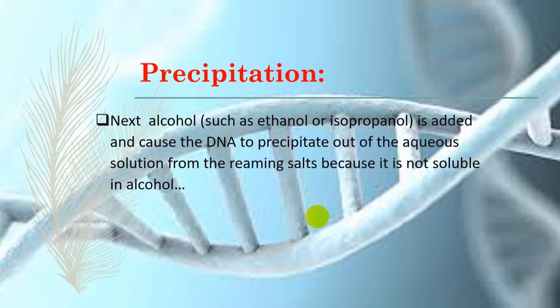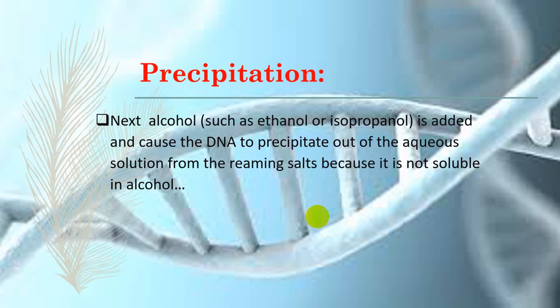In the next step, this precipitation, next alcohol is added, such as ethanol or isopropyl, and this causes the DNA to precipitate out of the aqueous solution from the remaining salt, because it is not soluble in alcohol.